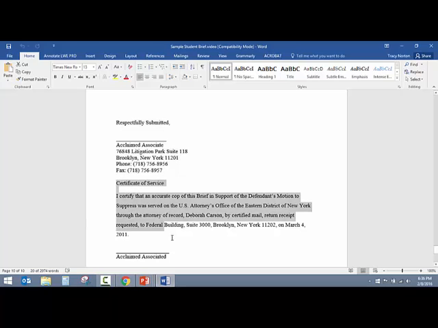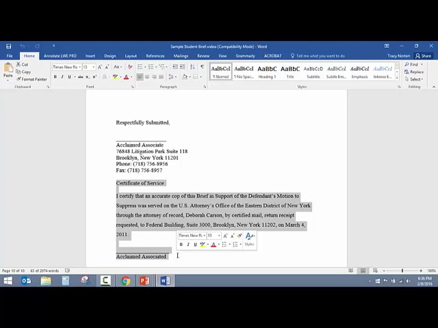The last part is the certificate of service. That's also new. From civil procedure, you learn that every document filed in an action has to be served on the opposing party, and that you have to attest to the fact that it has been served, and it has to be served a particular way. So the certificate of service serves 2 functions.